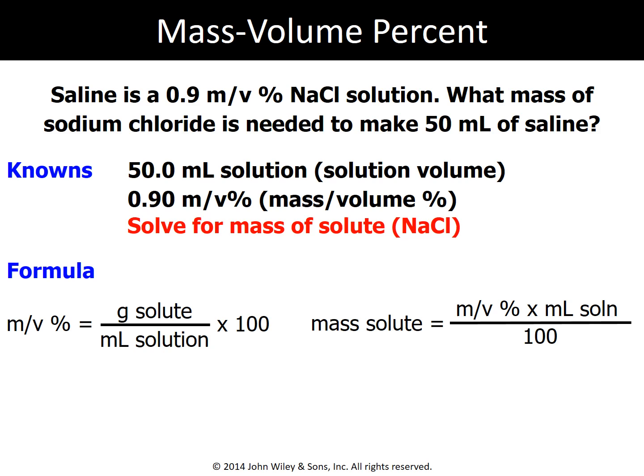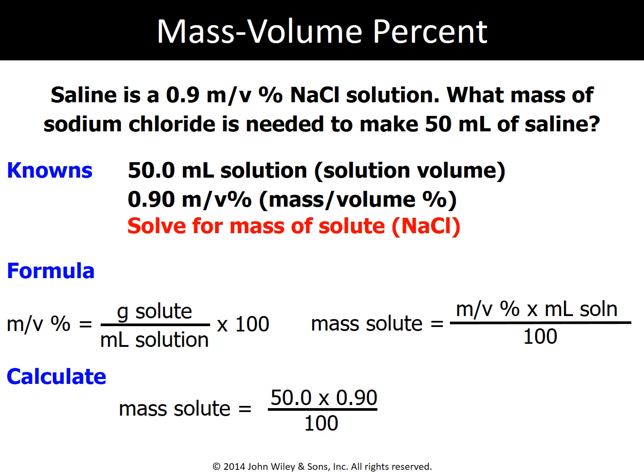So we're going to rearrange here, looking for the mass of our solute. Mass of solute, 50 times 0.9 over 100, giving us 0.45 grams of sodium chloride. Remember, the equation on the right in the formula section is just the same one on the left, rearranged to isolate the variable we're solving for.